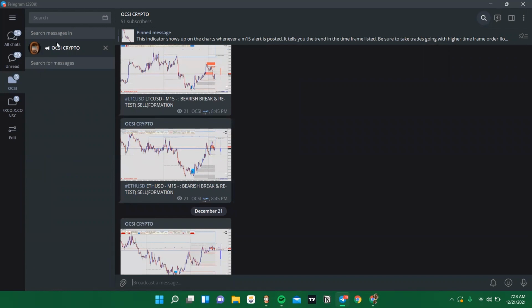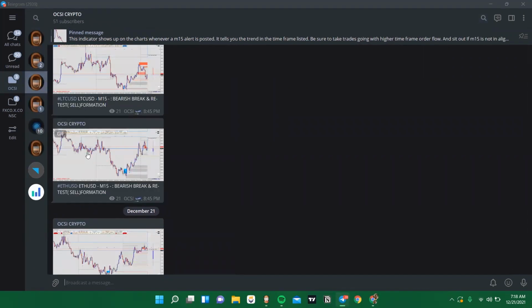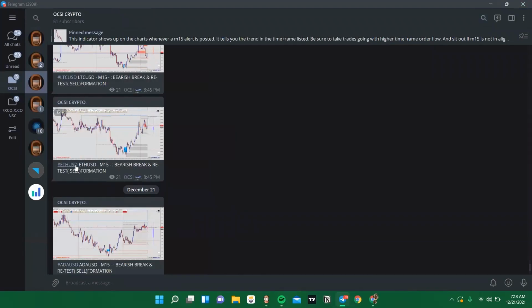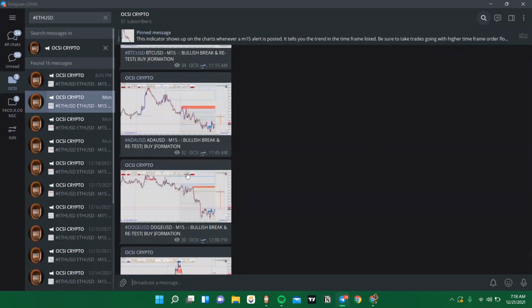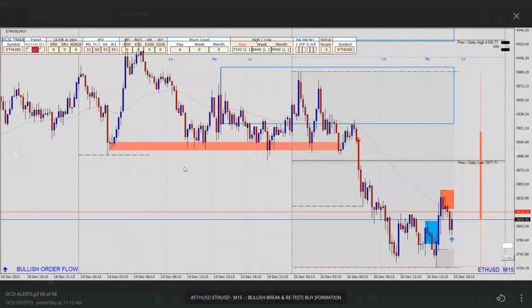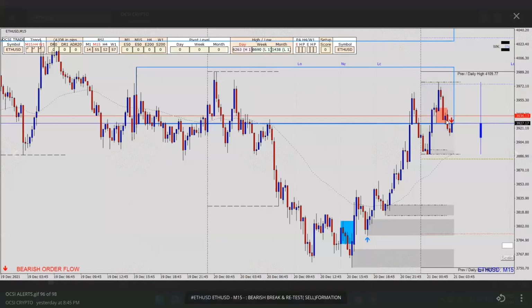Come on, Oxy. Give me a clean graph. Right here, right? That's the last ETH right there. Wow. So that's another trade. Not only that, they call this sell right here, right? They call this buy, and this buy right now is right here. And it's now telling us to sell again.